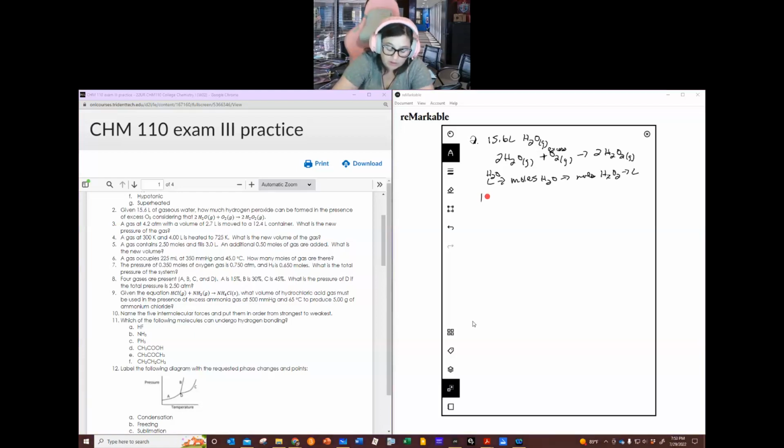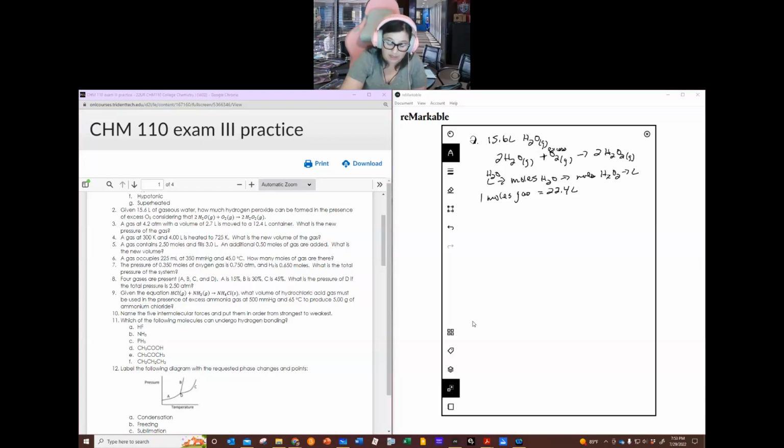So 1 mole of gas is 22.4 liters. Now that's at STP. There are a lot of caveats given to that, but I'm not told that I'm at any conditions that would preclude me from thinking that's where I am. So you are safe to use that.